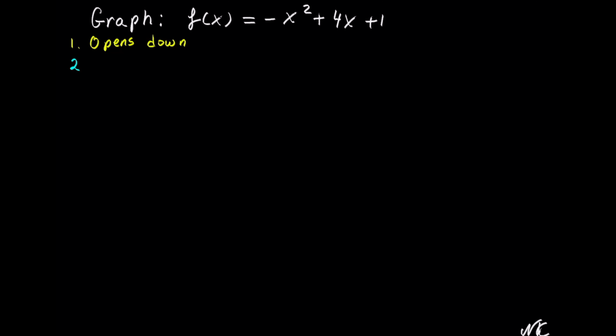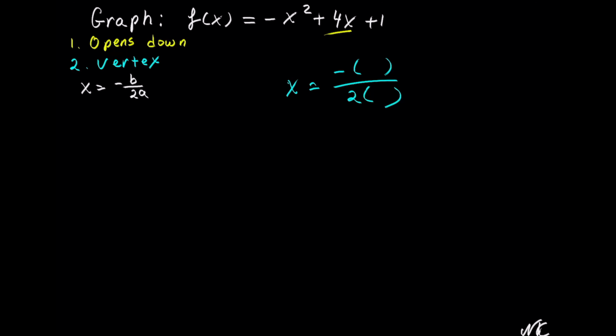The second thing we need to do is to calculate the vertex, and the vertex is calculated in two parts. First, we need to find the axis of symmetry, which happens at x is equal to negative b over 2a.